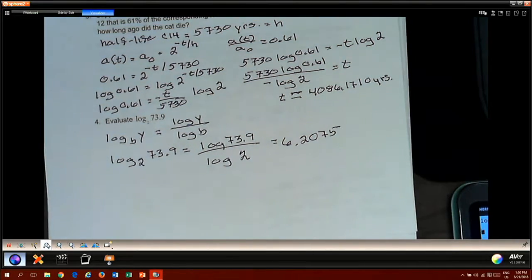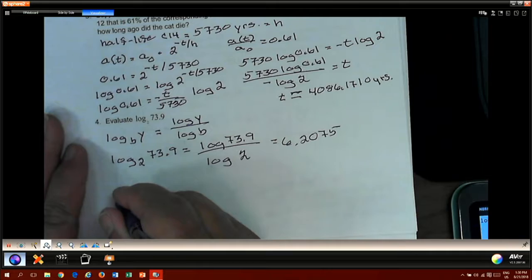And it makes sense that it's between 6 and 7 because 2 to the 6th is 64 and 2 to the 7th is 128. So this is between 64 and 128, and it's closer to 64.